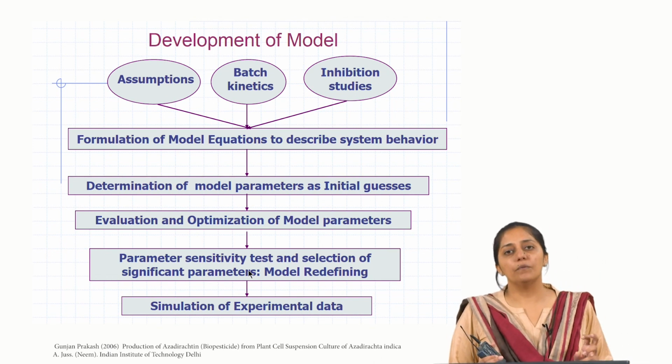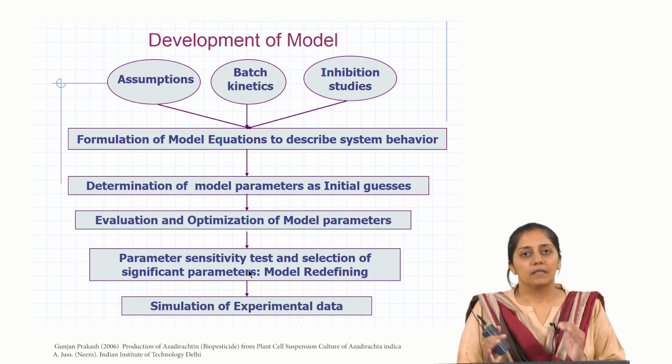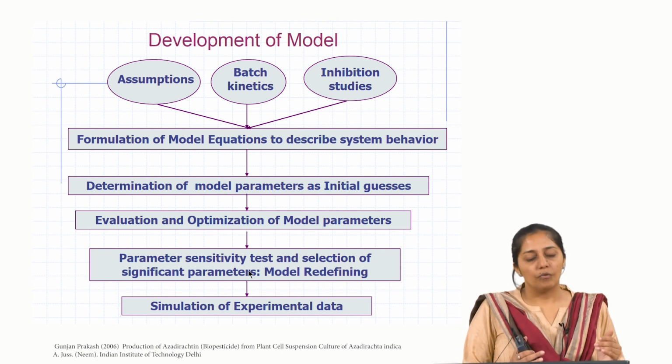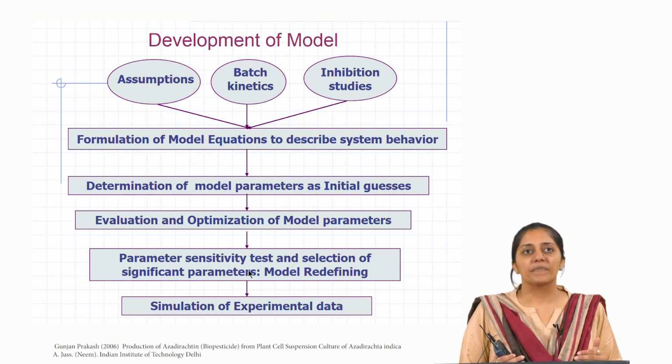So, what they did while developing the model, they began with certain assumptions. They had the batch kinetic data and the inhibition data in batch. Now, they formulated the model equations to describe the system behavior. Then they determined the model parameters based on initial guesses.